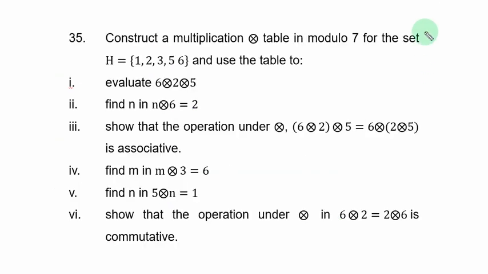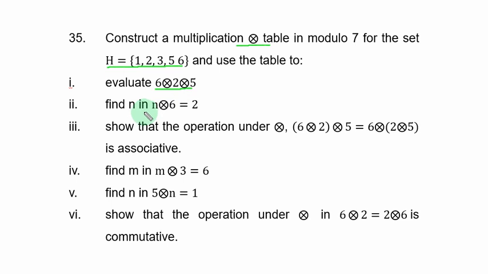Example 35. Construct a multiplication table in modulo 7 for the set H equal to 1, 2, 3, 5, 6, and use the table to evaluate 6 times 2 times 5.